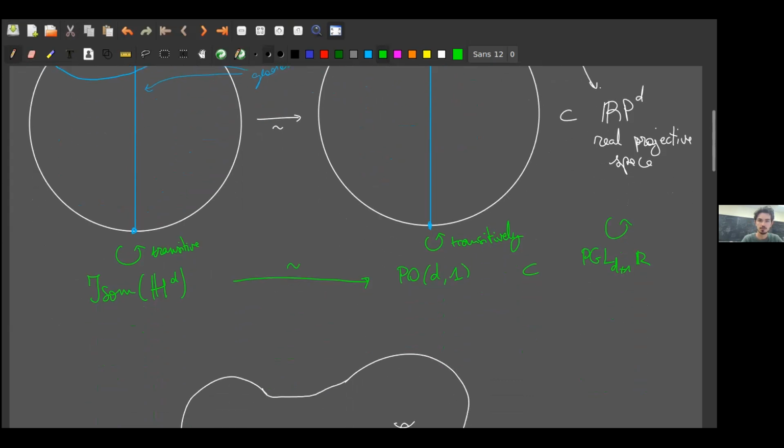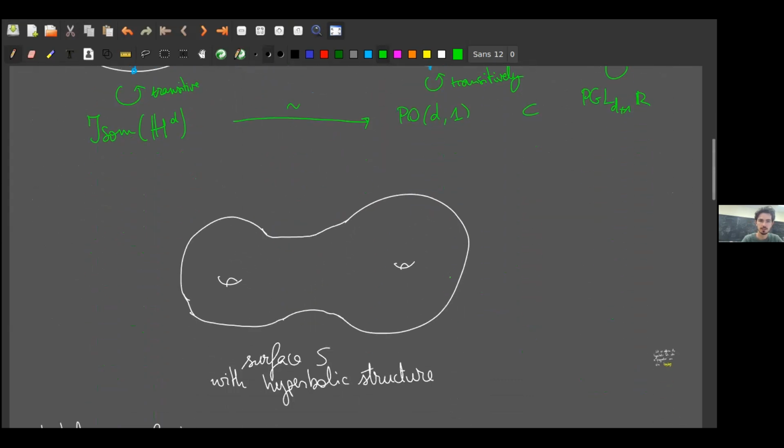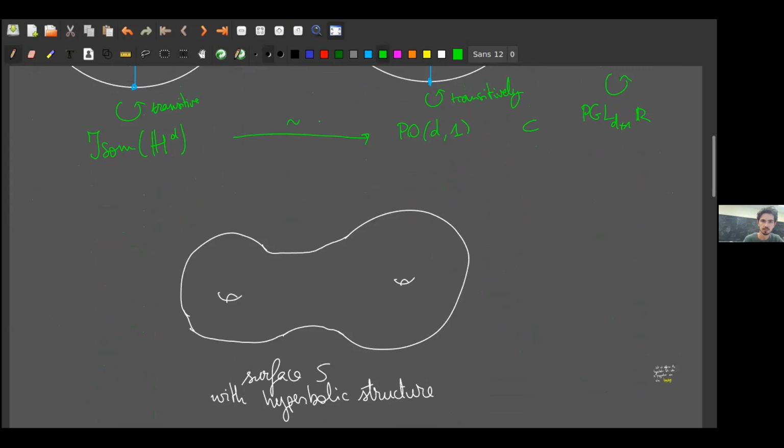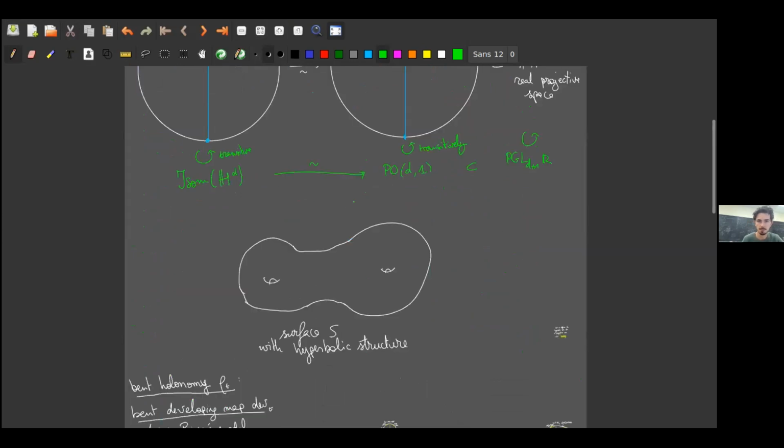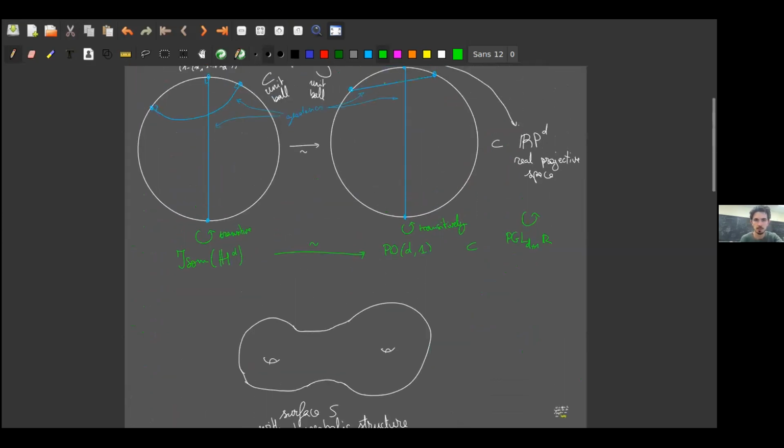Let us now consider a surface S with a hyperbolic structure. As many of you might already know, a way to define a hyperbolic structure is to give charts.